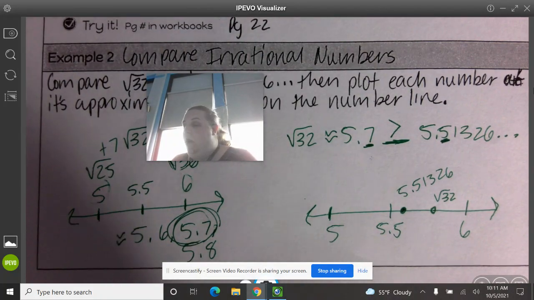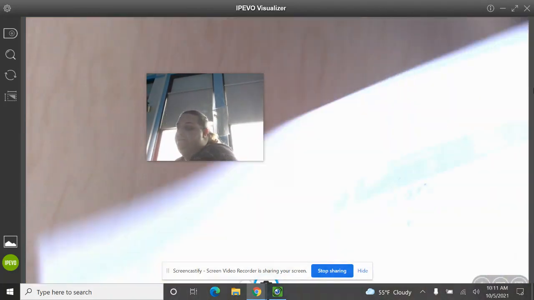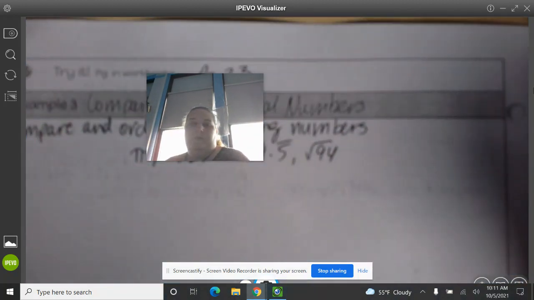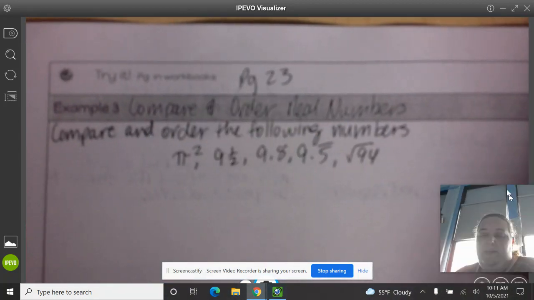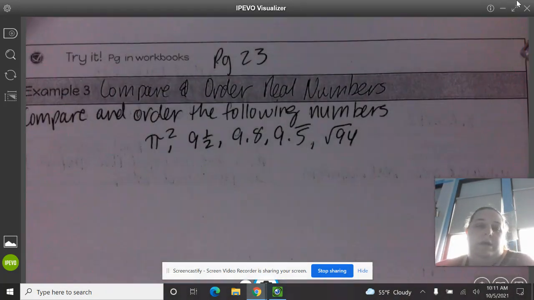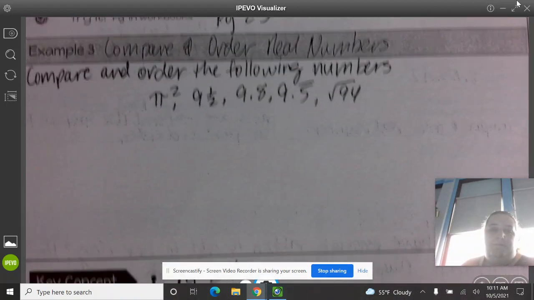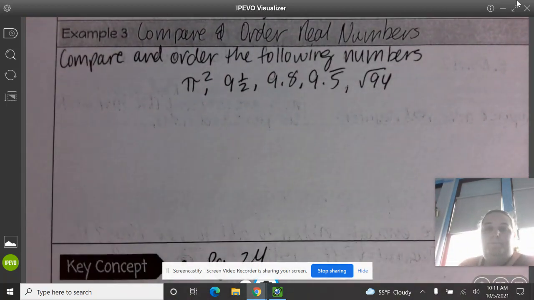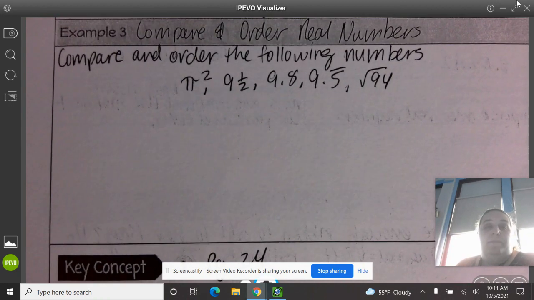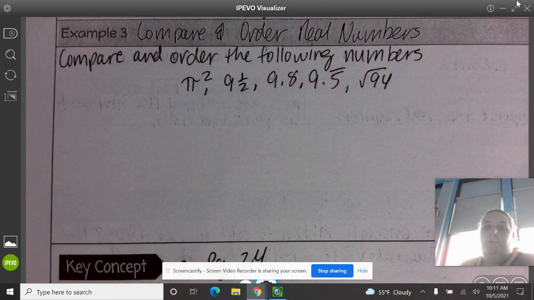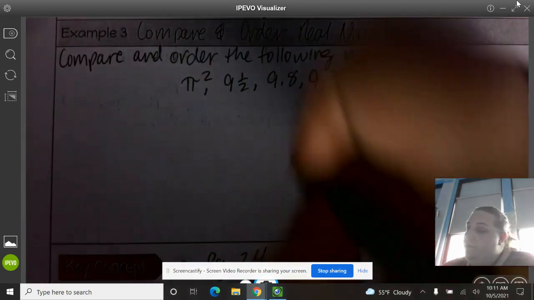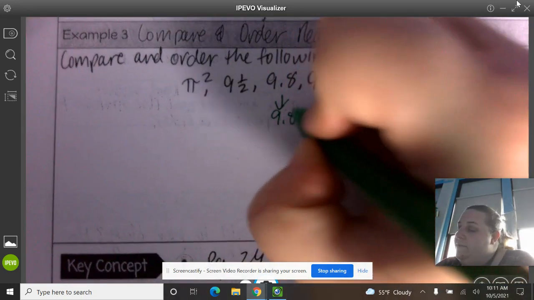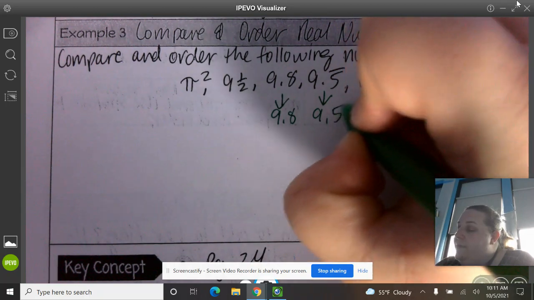All right, so now we're going to flip to the back and do our final example together. We're going to compare and order the following numbers. Once again, decimal form is the easiest way because all numbers can be written as a decimal or estimated. So right away, we already have 9.8, 9.5 repeating.